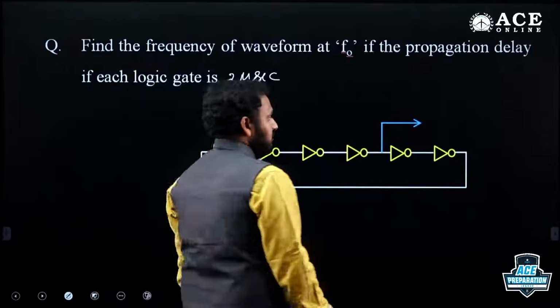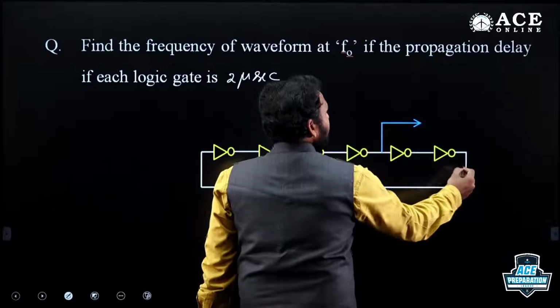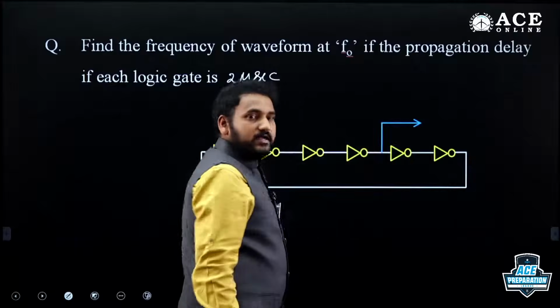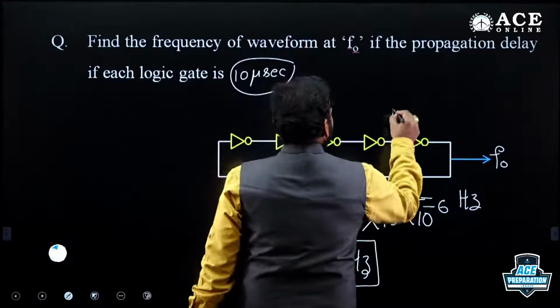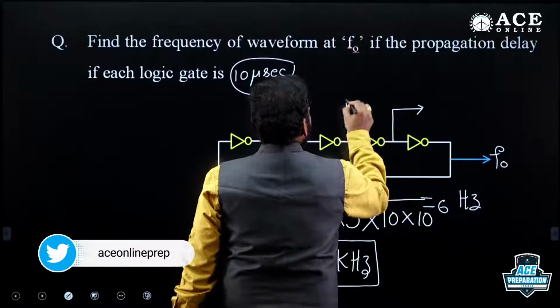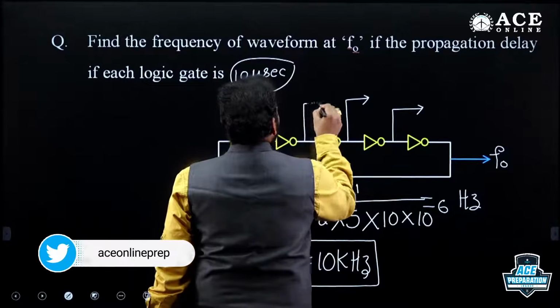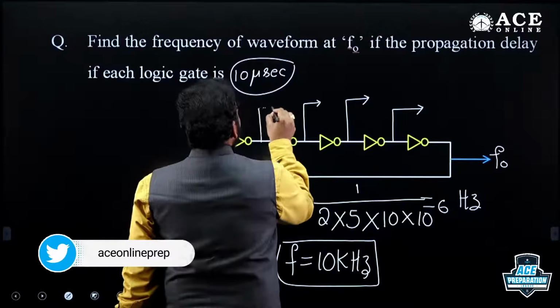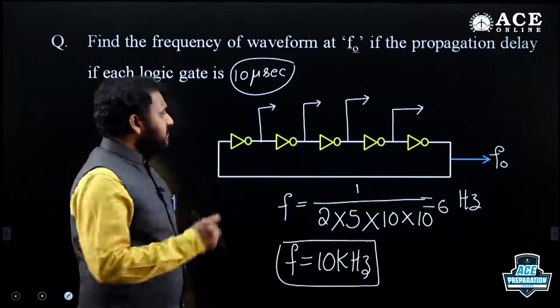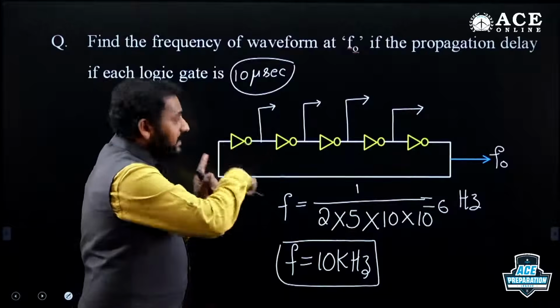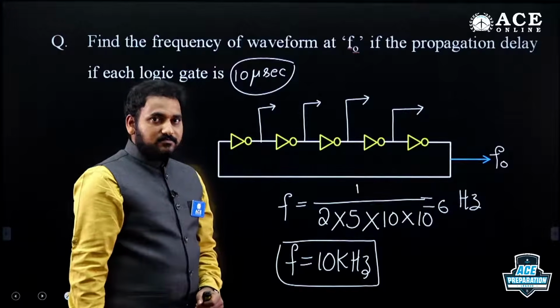Sir, in the previous problem you took the output from here. Wherever you want, you can take it, no problem. Here you take the output, here, or here. This is also a point where you can take the output. You will get the same answer because it's just a matter of readjustment of logic gates.